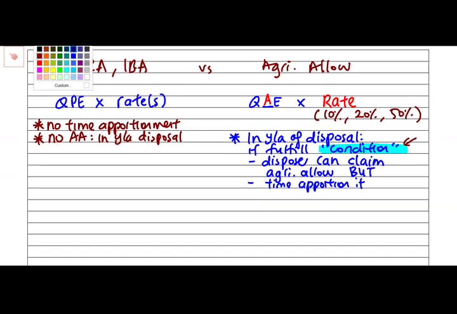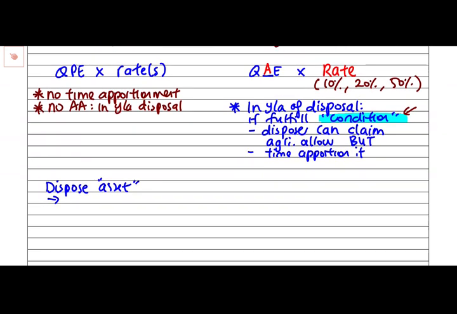Okay, next. Now, what happened when you dispose asset? You compute your BA/BC, right? Now, any one of you recall the rule on clawback or not? Schedule 3, paragraph 71. Yeah, then what happened? You claw back. But the question is, how long after you dispose is the clawback applicable?